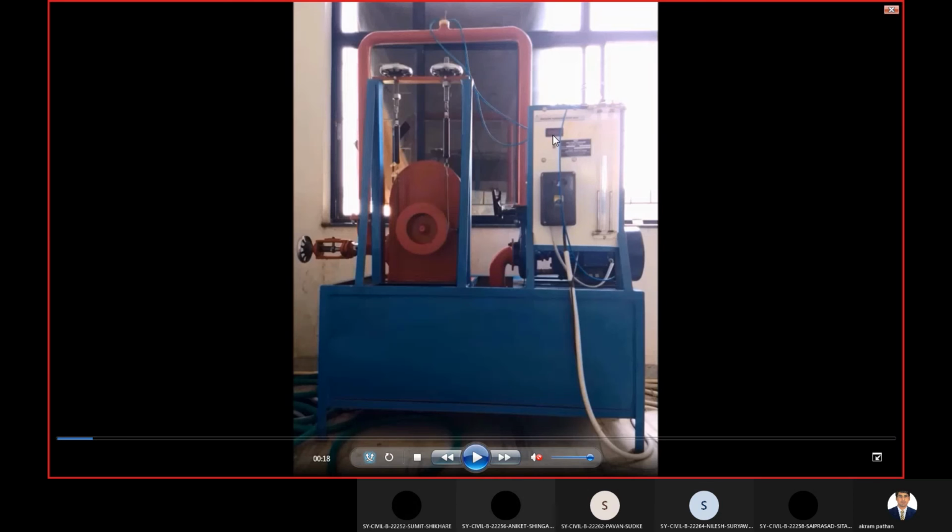Again we have a dial gauge here. If you want to measure the speed of the turbine, that is in RPM, revolutions per minute, we have a dial gauge.